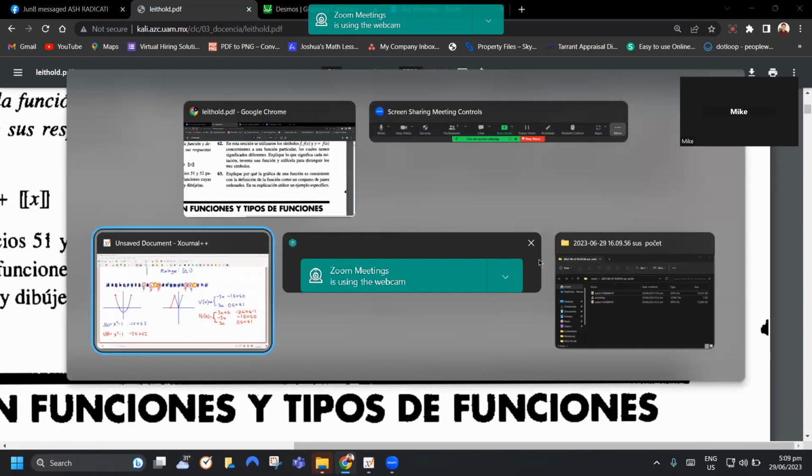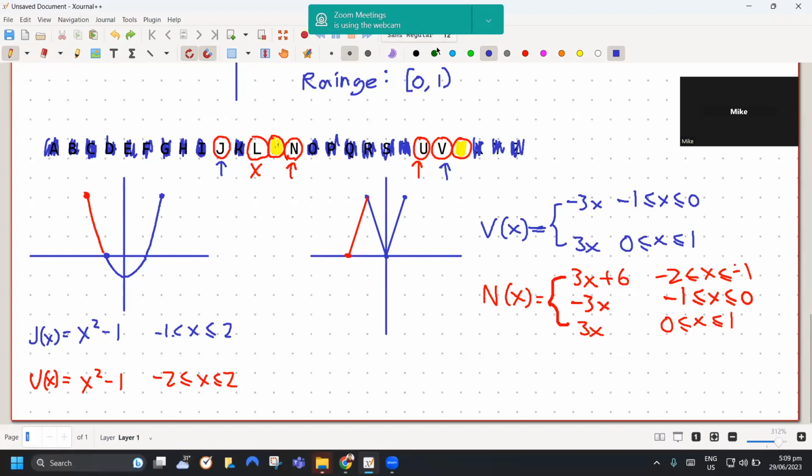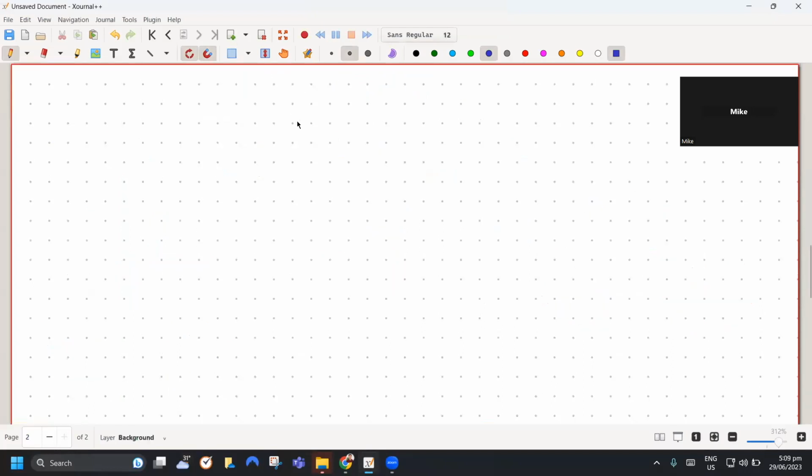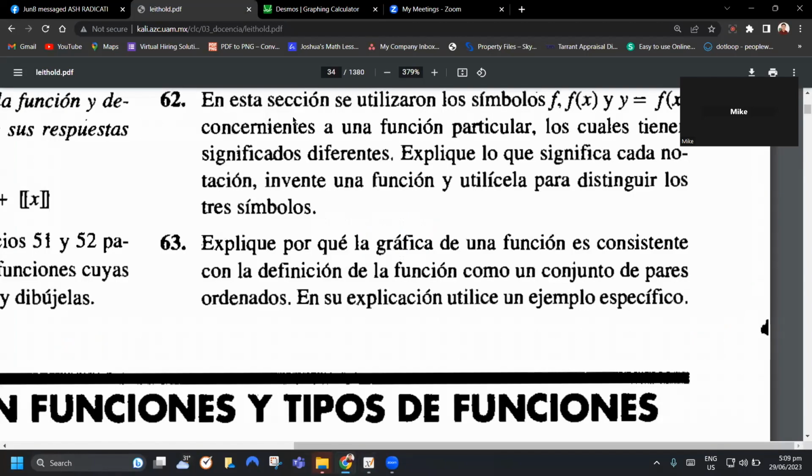Yeah, check na natin yung wording niya for paano niya define yung graph of a function. So, yung definition ni Lighthold nasa page 6. The graph of a function. So, if f is a function, then the graph of f is the set of all points x, y in the plane R square for which x, y is an ordered pair in f.